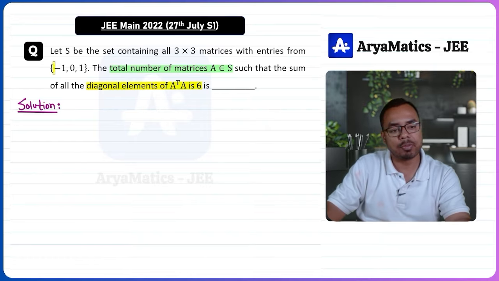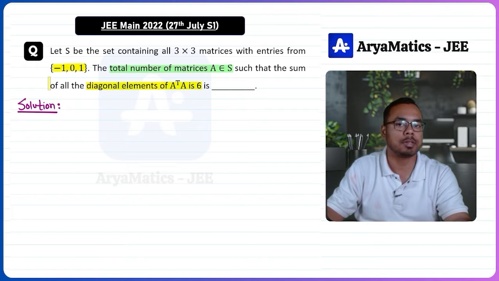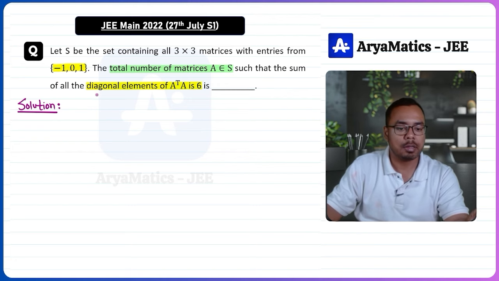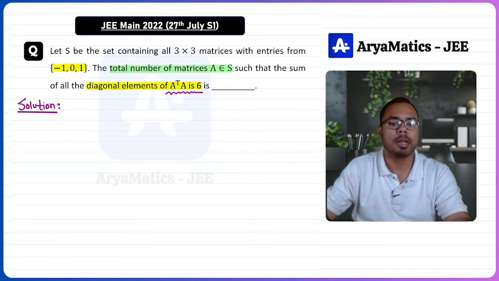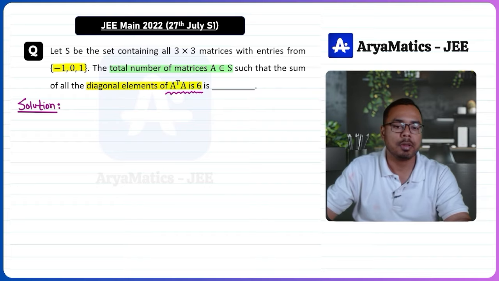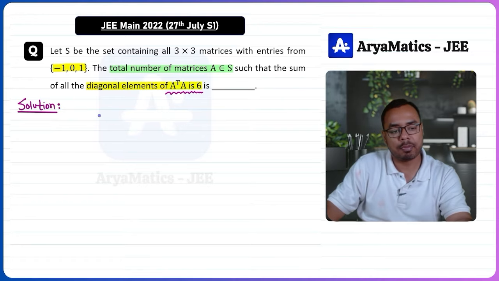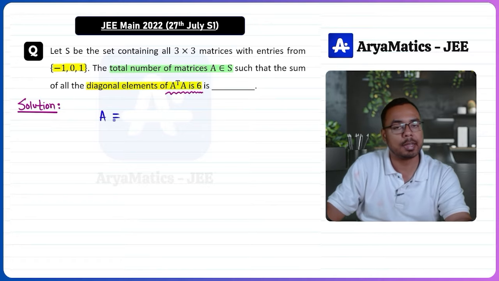So basically we have to find the number of 3 cross 3 matrices whose each element is either minus 1 or 0 or plus 1, and the trace of this matrix A into A transpose is 6.